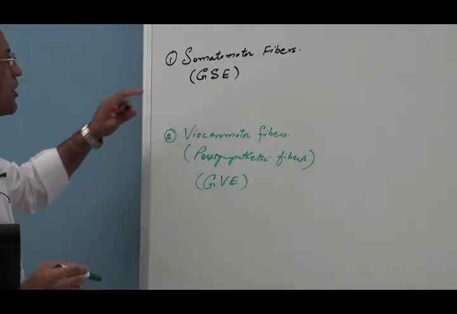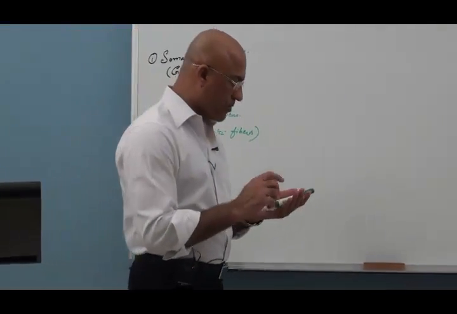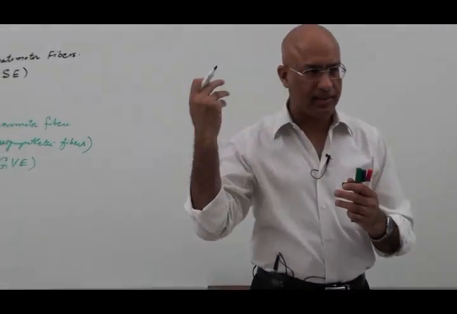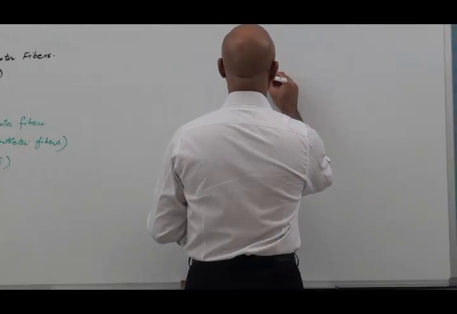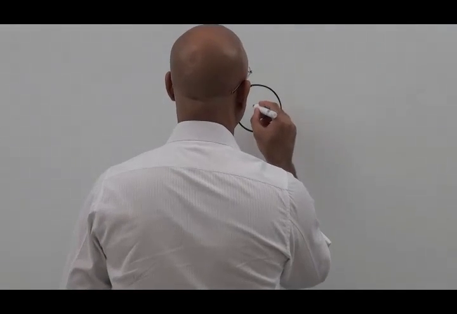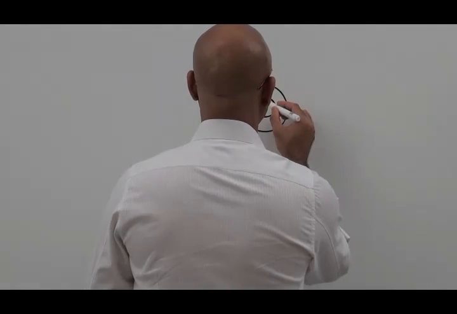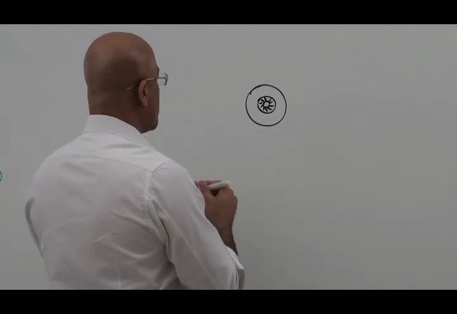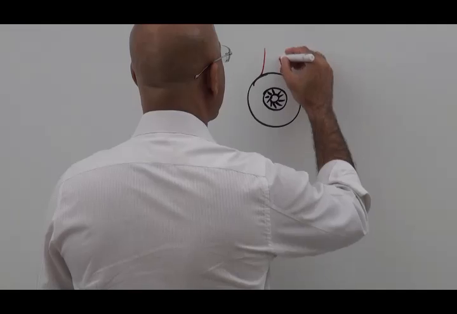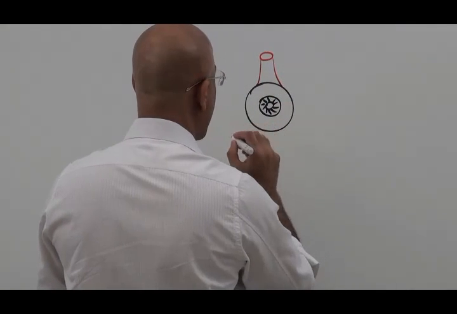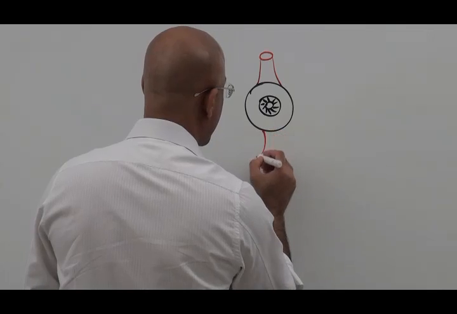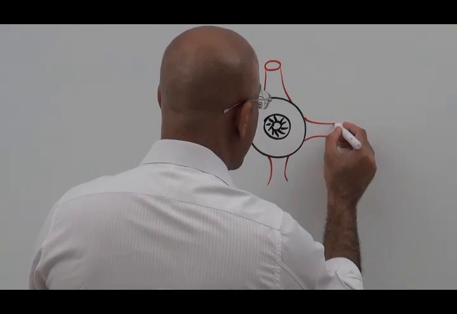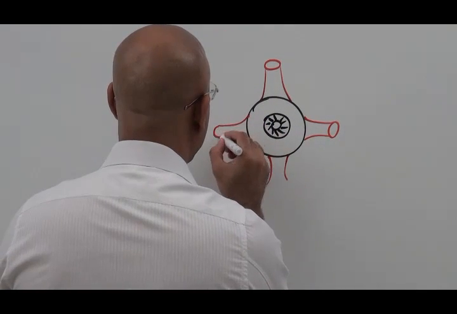Now, as we know, somatomotor fibers supply, I will make the structure of the eye here, right? In this structure I am drawing the right eye, okay? So let's suppose this is your beautiful eyeball. Now, the muscle which is going from here, what is that? Superior rectus, right? And here is which one? Inferior rectus. And here is medial rectus. And of course here is lateral rectus.